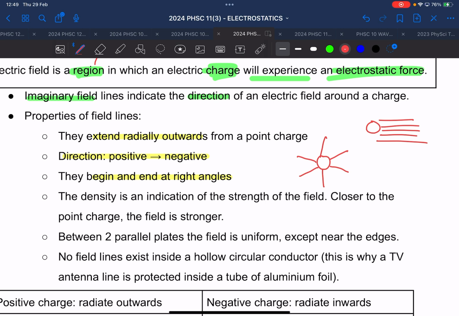I'm not going to measure exactly whether this is a 90-degree angle, I just want to see that more or less it's at right angles and that they touch the charge. Then I did tell you that the density is an indication of the strength. If the lines are close together, then it's a strong field. If they're far apart, it's a weaker field. Those next two bullet points I'm not going to go into right now.